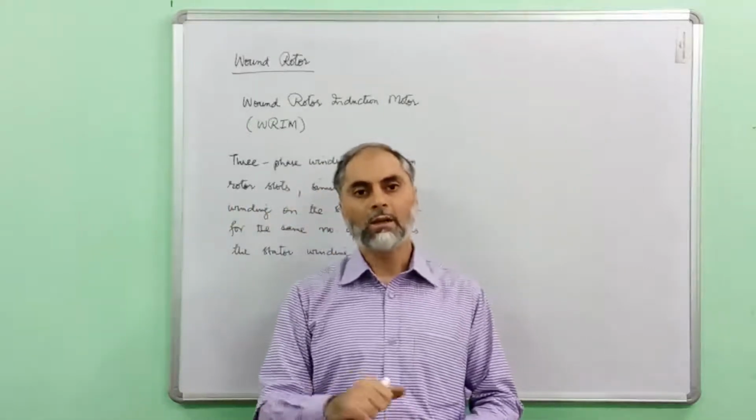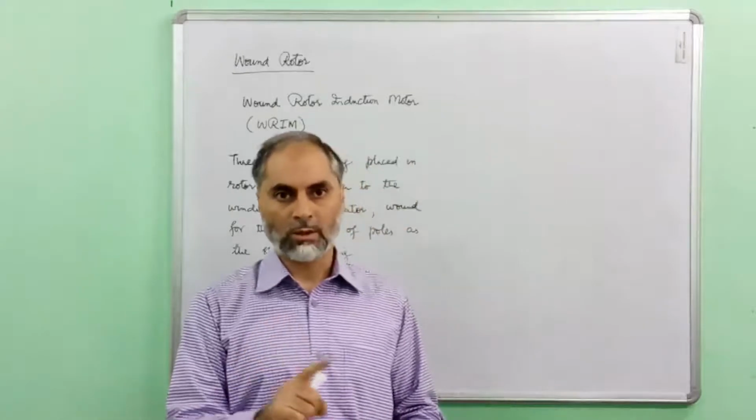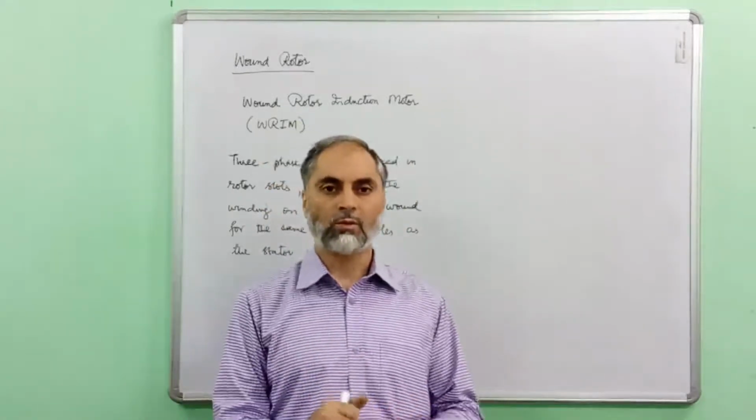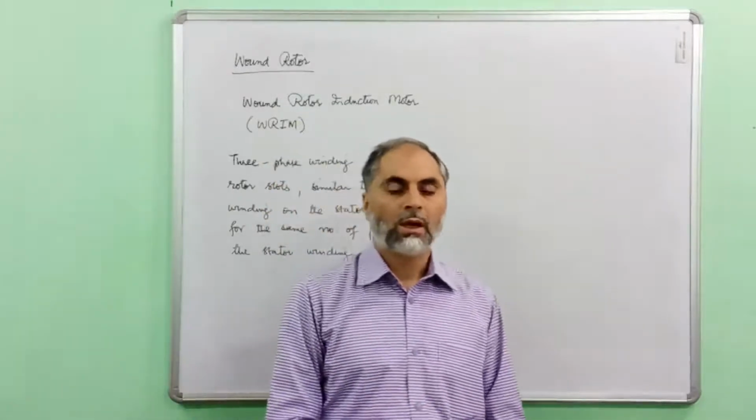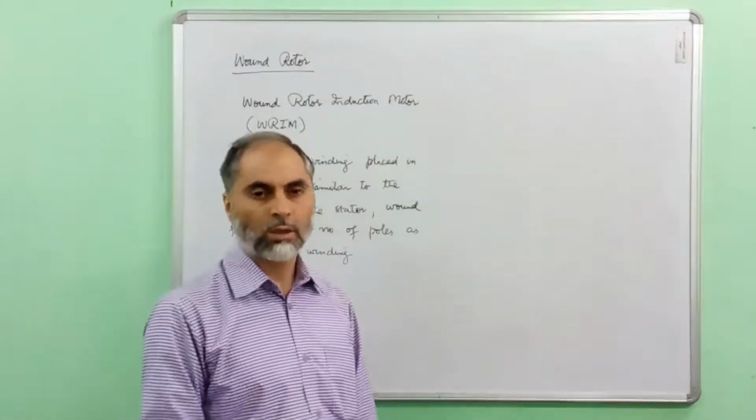The windings are internally connected in a Y fashion by connecting one terminal of each of the 3 phases together to form a neutral point. And once it is connected in Y, we have 3 terminals available.